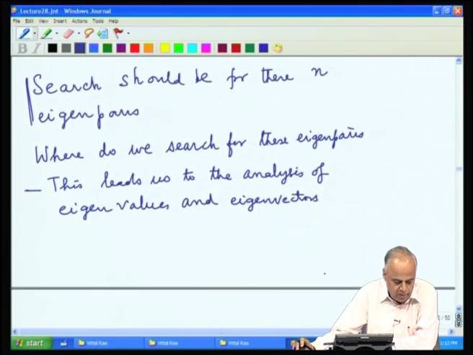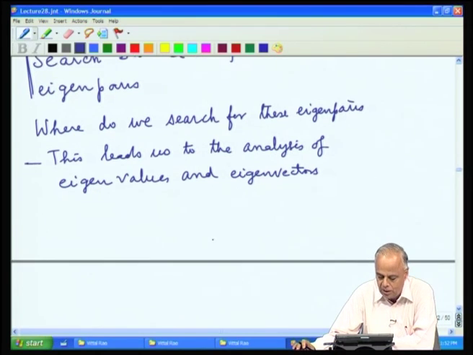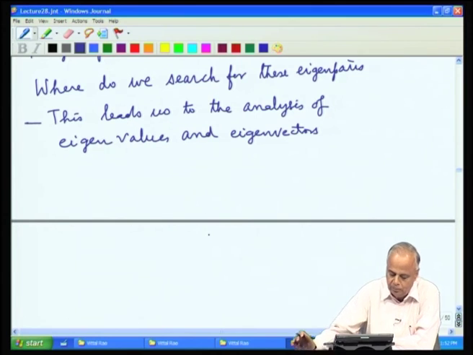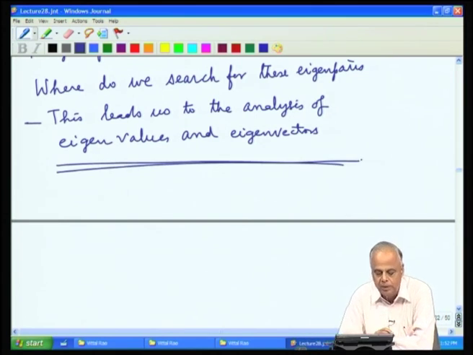This notion of eigenvalues and eigenvectors, and in fact, the notion of eigenvalues and eigenvectors with respect to any transformation, are going to play a very crucial role in the structure analysis of these transformations, in particular with respect to matrices. So, now our analysis should be with respect to these eigenvalues and eigenvectors.